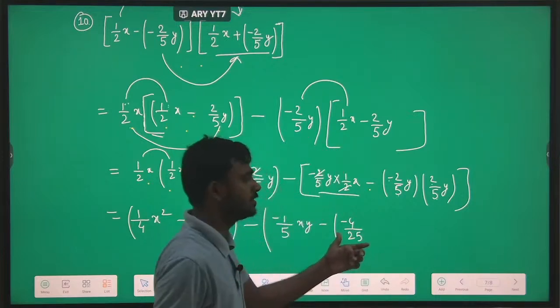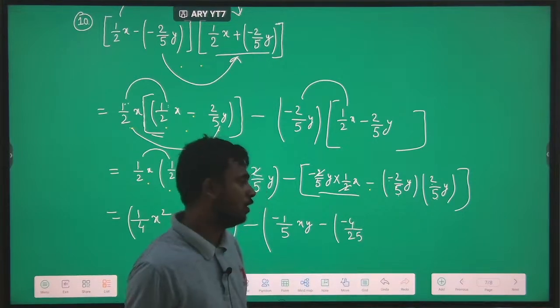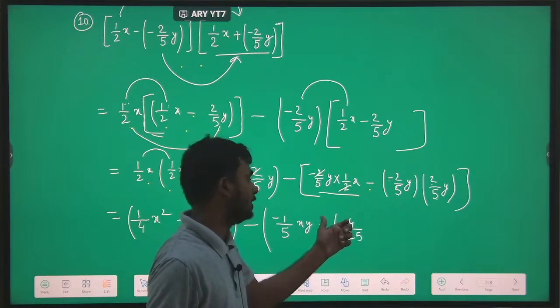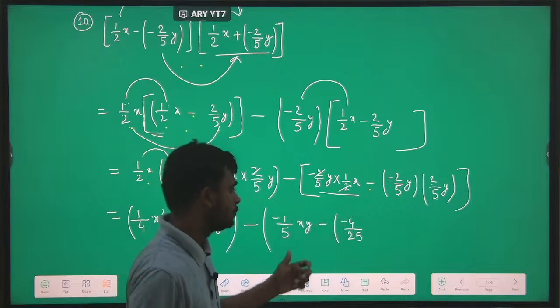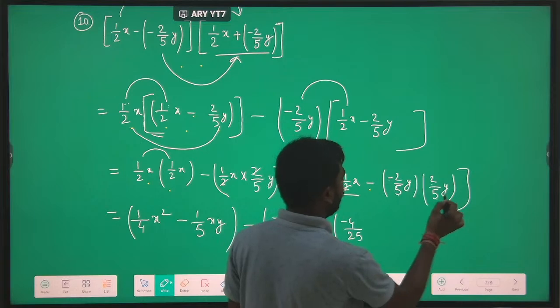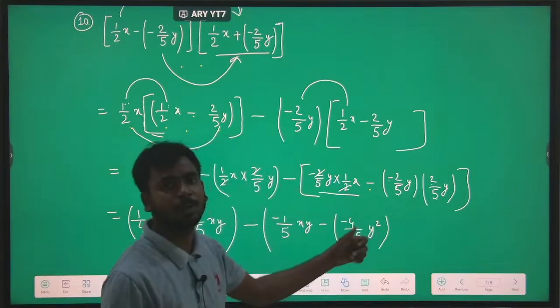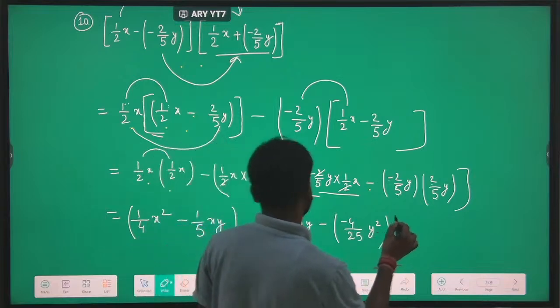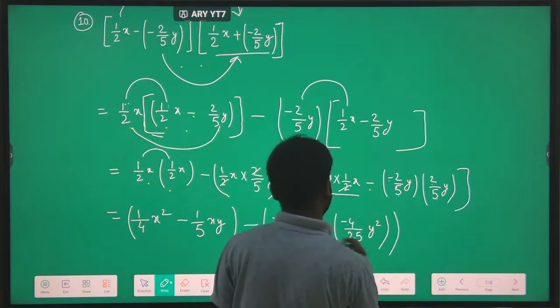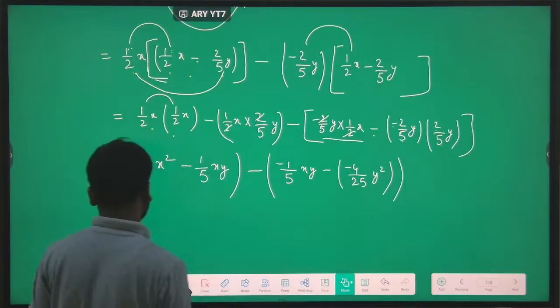Whenever we get a minus sign, we will try to add a bracket here, because this minus is to be separated. Okay. So it will be minus 4 upon 25. y into y will be y square. Base is same, and under multiplication powers will be added. So we are getting these two expressions.